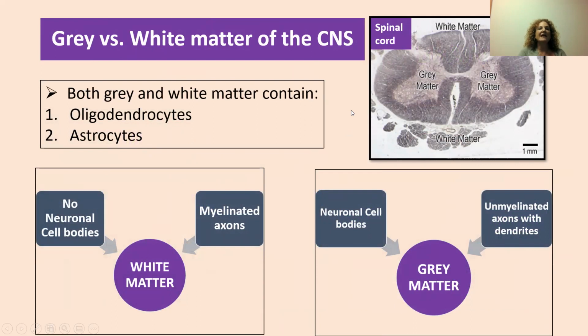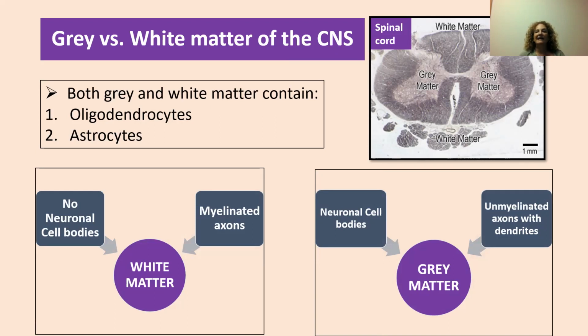it. Now, both the gray and the white matter contain the oligodendrocytes, the ones responsible for laying down myelin, and the astrocytes. In the white matter, though, you will not find neuronal cell bodies. All you'll find are myelinated axons. That's what gives it the white look, the myelination, the myelin.